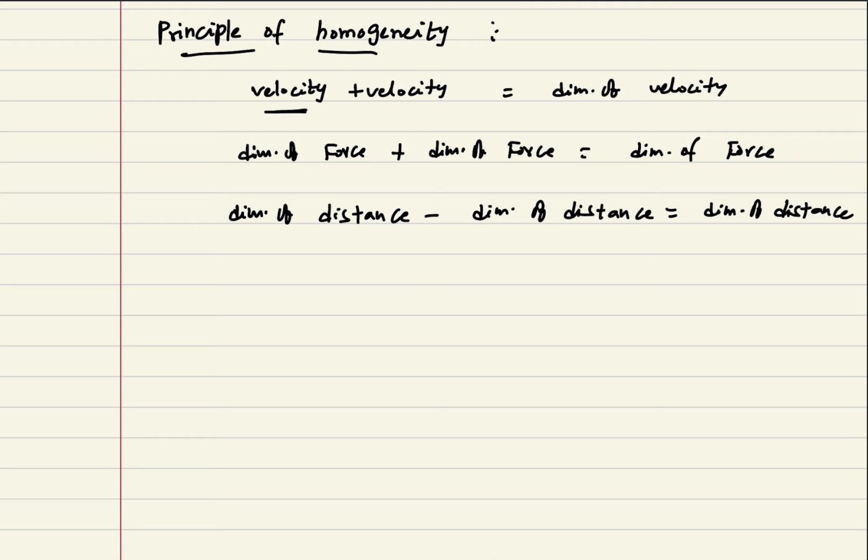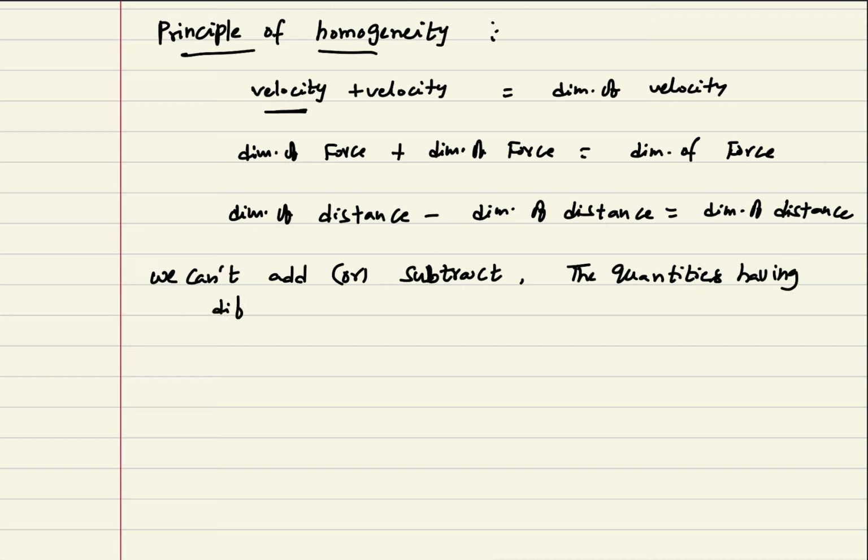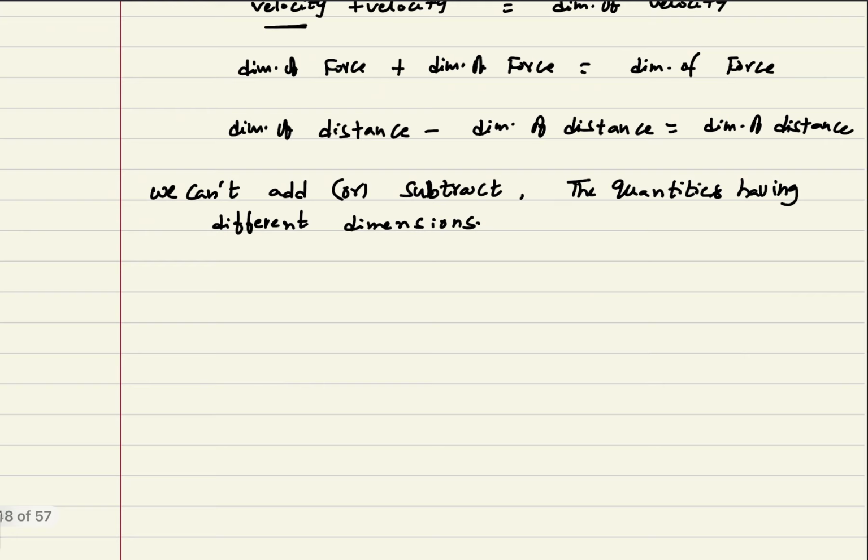It indicates that we can add quantities having the same physical quantity, the same dimensions, or we can subtract quantities having the same dimensions, but you cannot add or subtract quantities having different physical quantities, different dimensions.